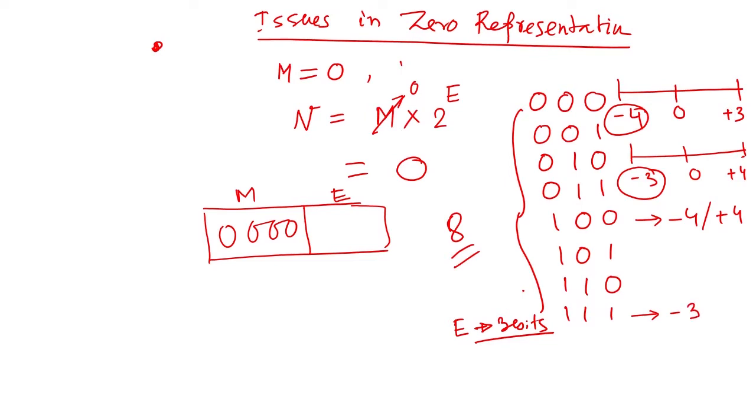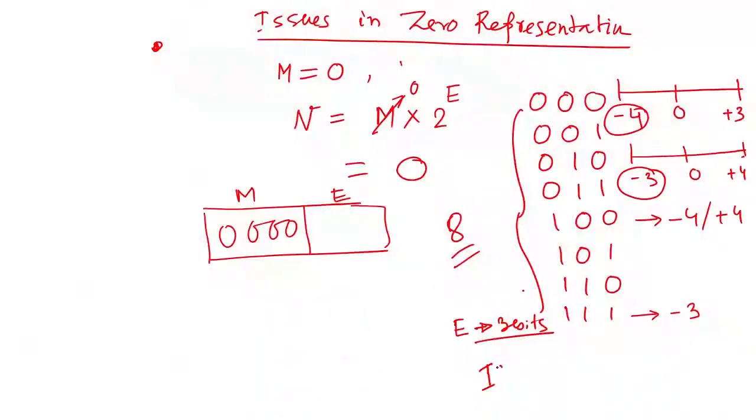Anyway, the highest negative number in this case, if I write it as K, will be 2 to the power k, where k is the number of bits for the exponent, minus 1.